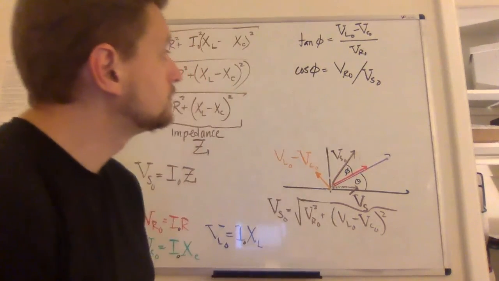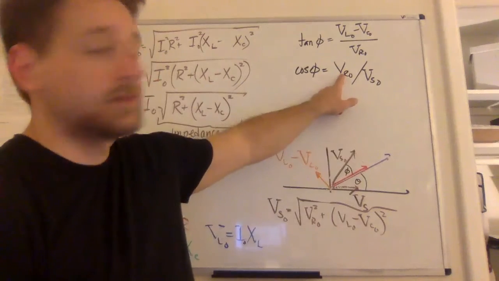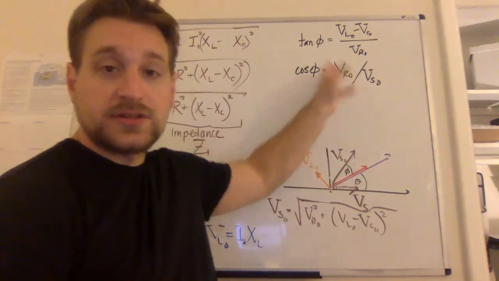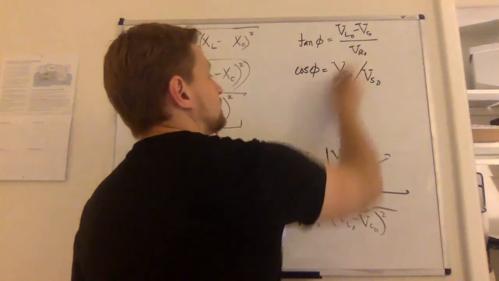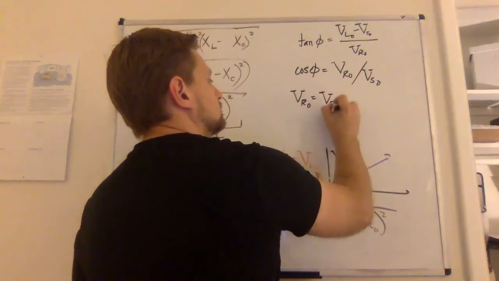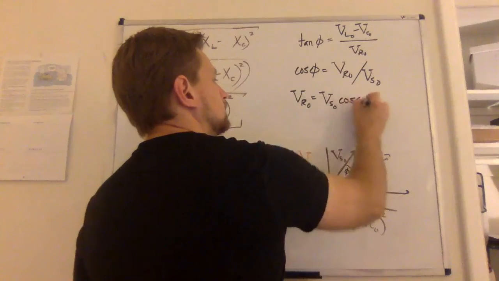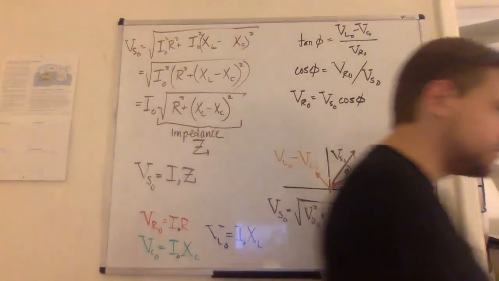What is the potential difference across the resistor amplitude compared to the source? And cross multiply.